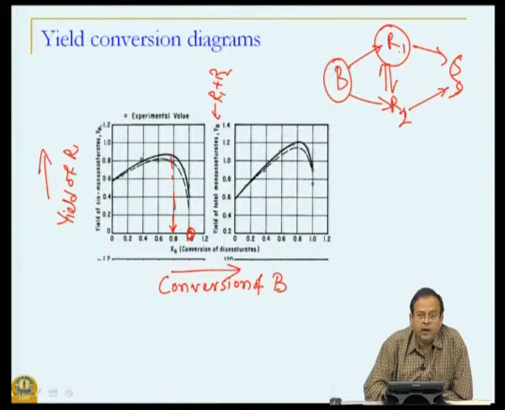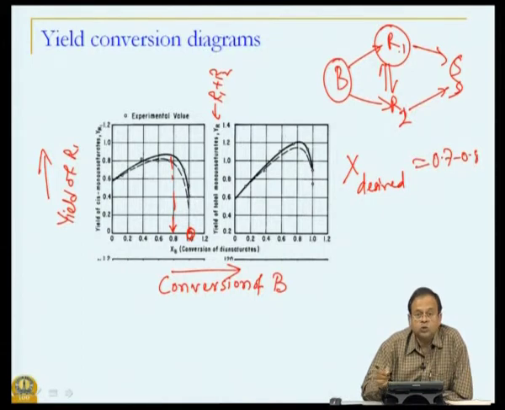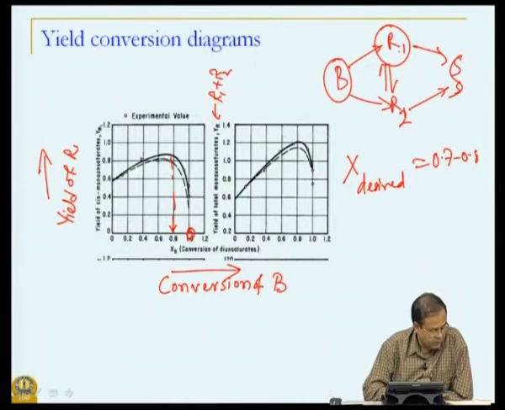So, in our reactor design, the desired conversion is not 100% conversion of B, but certain 80% or 70% depending on whatever may be the true results. So, that is point number 1. In other words, our x desired is in the range of 0.7 to 0.8. So, we should not design our reactor so that we get 100% conversion.